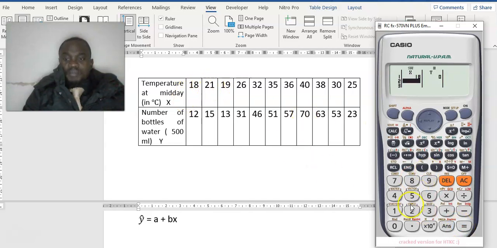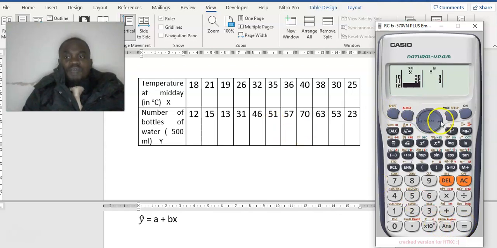I'm typing the x values, 21, then 19, then 26, then 32, then 35, then 36, then 40, then 38, then 25. I've typed the x values.